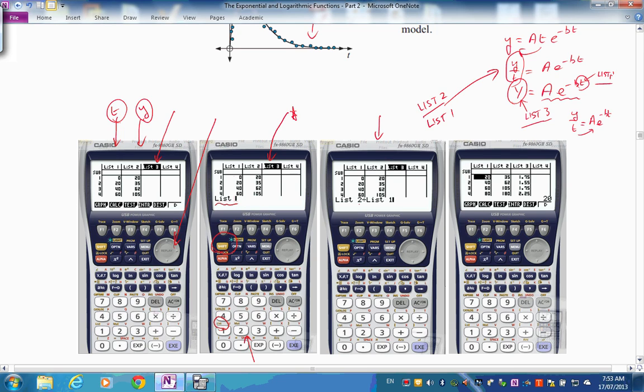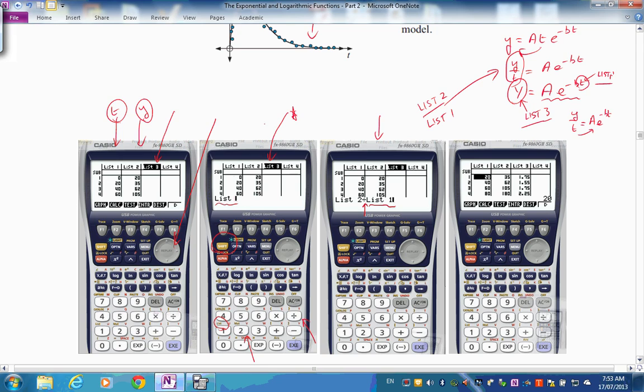So come to this window, we've got list 2, and then divided by, so back on here, divided by, and we'll just scrub that out, I'm not showing the divided by sign there. So divided by, and then do it again, and put in list 1.